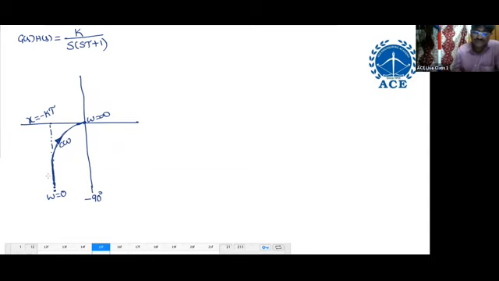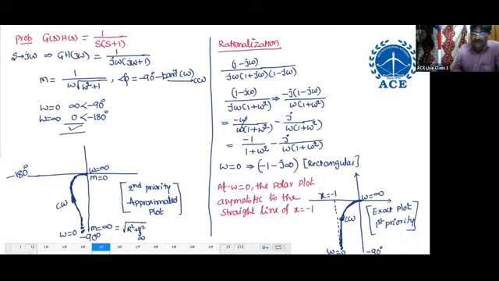Next, the other form they are asking. This is minus k tau. For example, in the previous problem, what is k? 1. What is tau? 1. That's why it is minus 1.